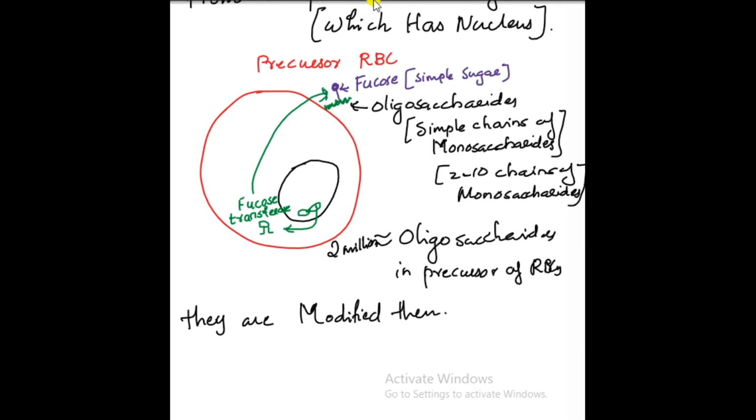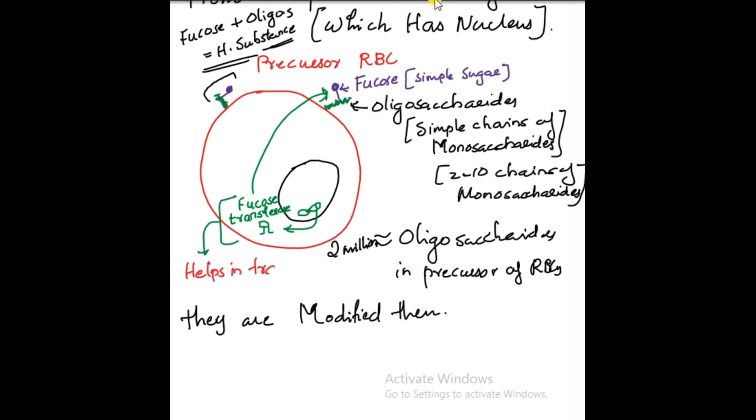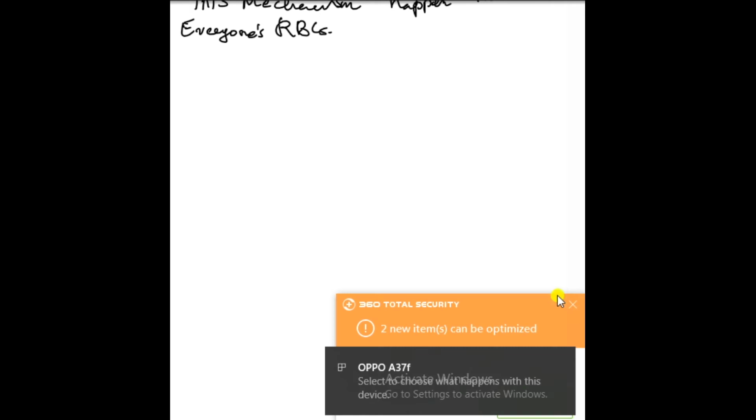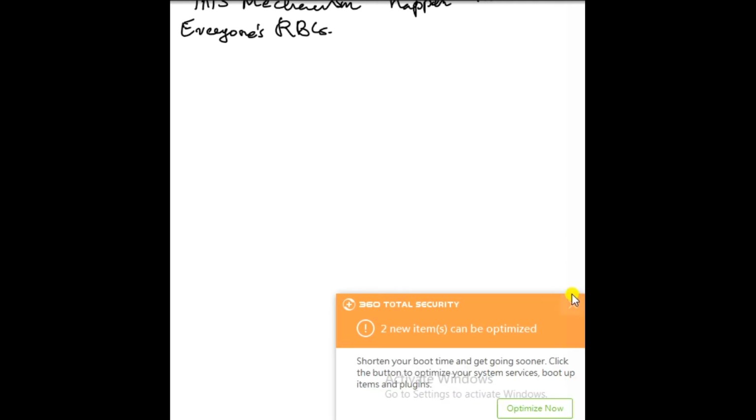Fucose transferase transfers the fucose to the oligosaccharide. The fucose plus oligosaccharide is known as H substance. You can see the H substance in O type blood group. What is the function of fucose transferase? It transfers the fucose to the oligosaccharides. That is the point.